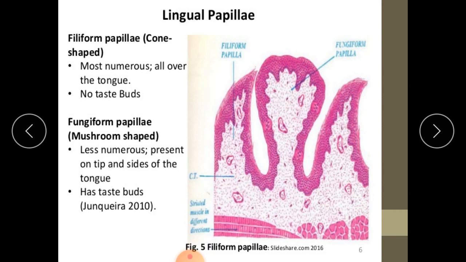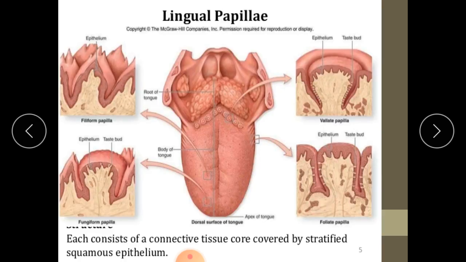Next, fungiform papillae. Fungiform papillae are mushroom shaped. See, these are fungiform papillae. Their top surface is flattened.